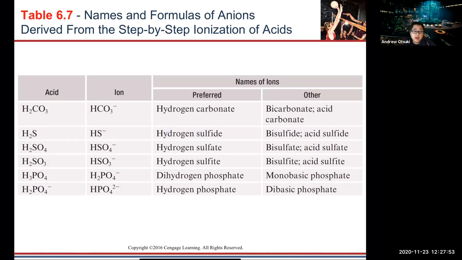So either of those names is fine. HS minus, hydrogen sulfide; hydrogen sulfate; hydrogen sulfite for HSO3; then dihydrogen phosphate, then hydrogen phosphate for the ions coming from phosphoric acid. So it's possible that these names might come up. You can use either the preferred name or the other name for these ions.